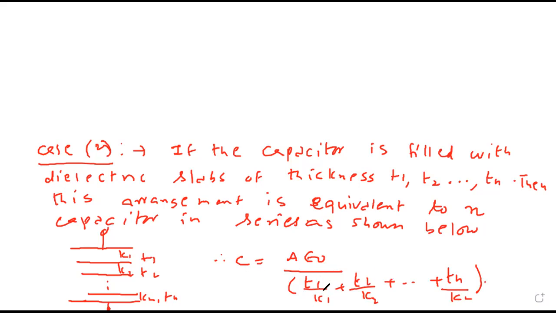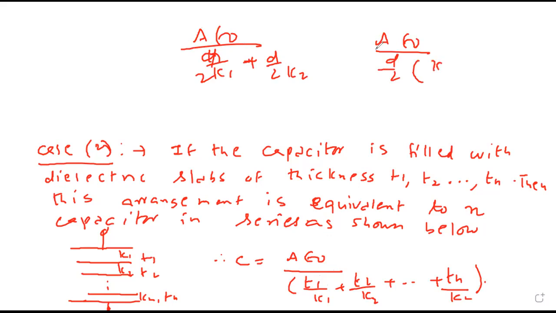Second case followed. Second one, what is the formula? A epsilon naught, thickness upon K1 plus thickness upon K2 and so on. So if thickness is d by 2, only two are there, then see it will become same as what we derived in the last lecture. D by 2, K2 plus K1 product goes up. Same we got when two are in series, if you remember. Yes, sir.